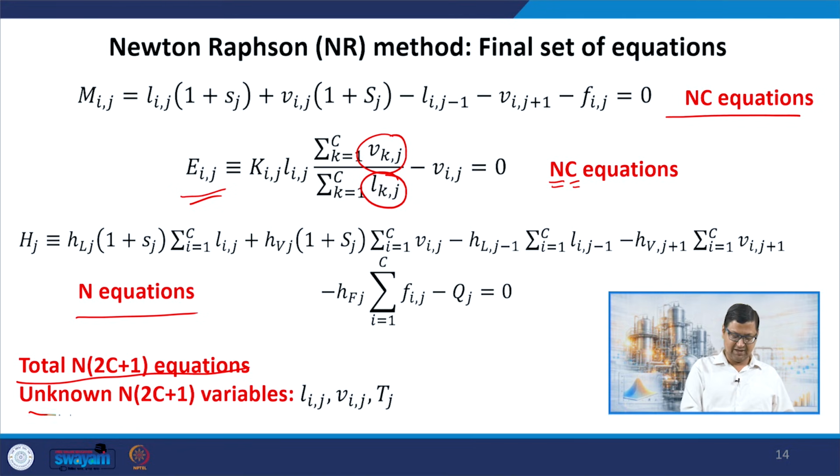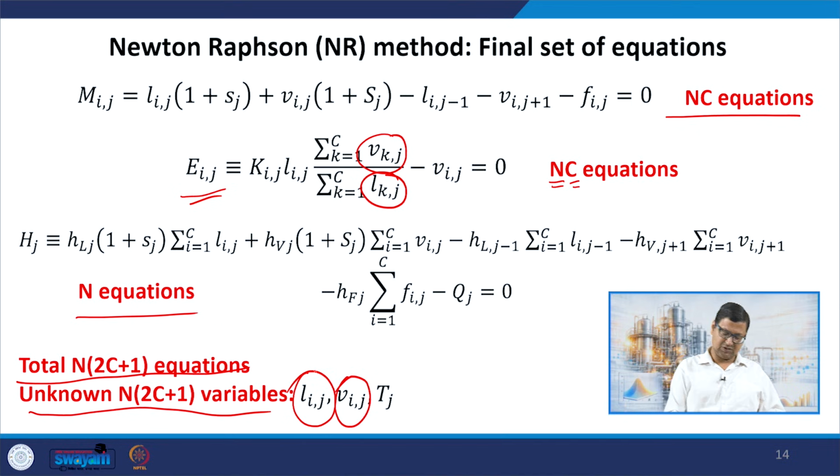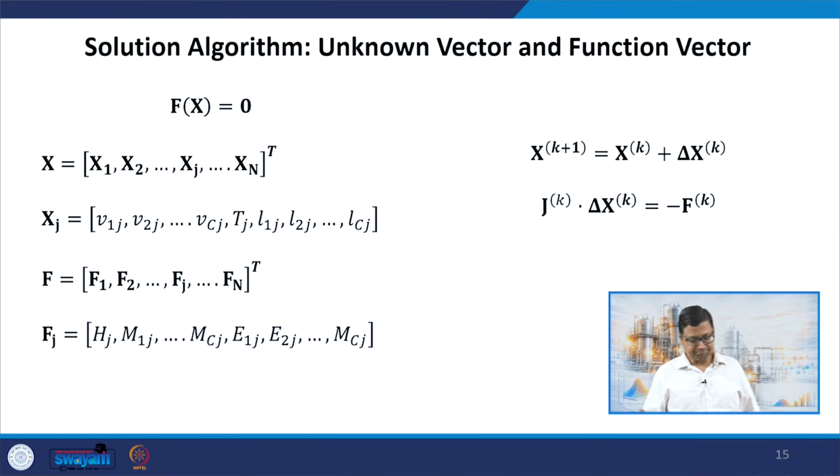So we can define N into 2C plus 1 unknown variables, and let us choose the unknown variables as the component molar flow rate in the liquid stream and the component molar flow rate in the vapor stream. So again, these are defined for all the components in all the stages. So we have NC variables, and this is also NC variables, and the temperature of every stage, which is going to be N variables, one for every stage.